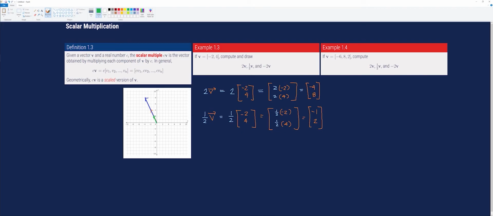And finally, let's perform the operation -2 times the vector v. This is equivalent to -2 times the column vector.